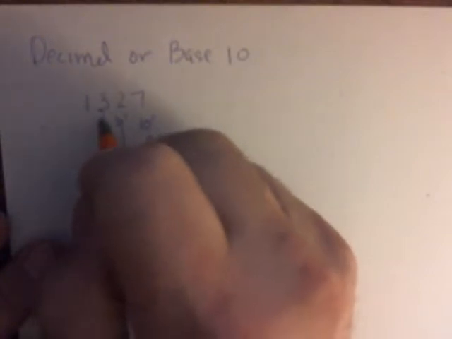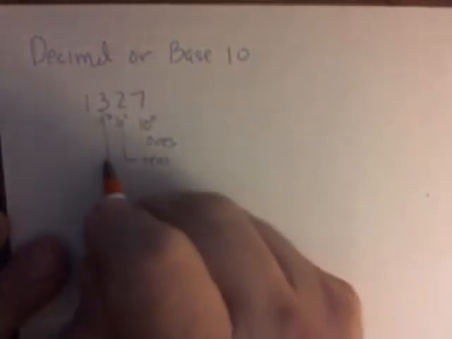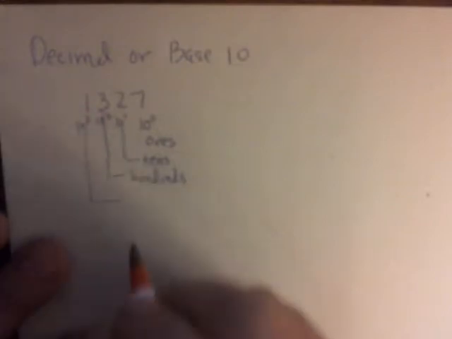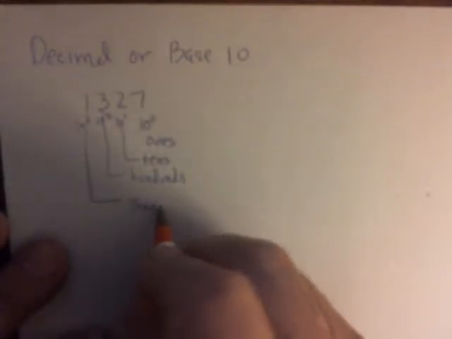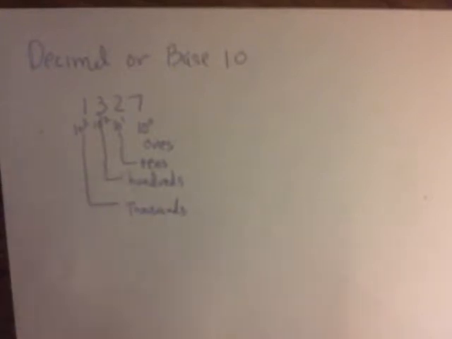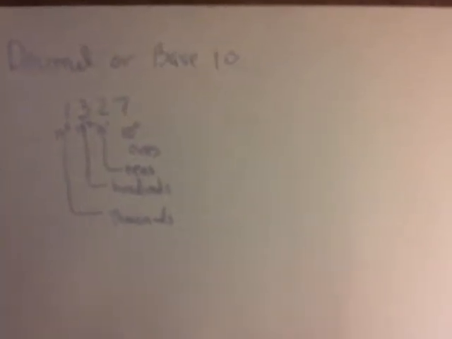This one is 10 squared, which is the hundreds place. And this one here is 10 to the third, which is the thousands place. And we keep going, so on and so forth. We can go to the 10,000s, the 100,000s, and so on.